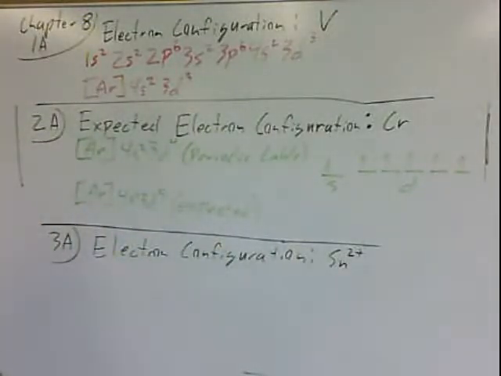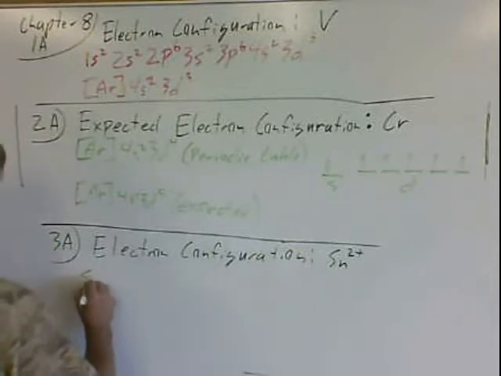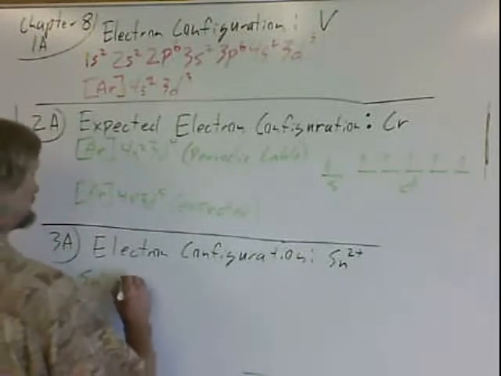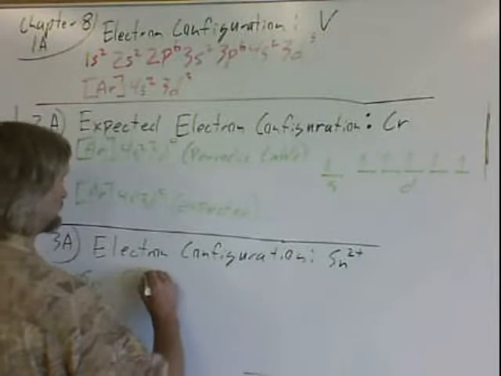Now for tin 2+. So I'll start off with tin directly. Tin is period 5. So we're going to go backwards and look for a noble gas, and that noble gas is going to be krypton. So we're going to start off with krypton. So I'll do neutral tin first. Neutral tin. So we start off with krypton, Kr.